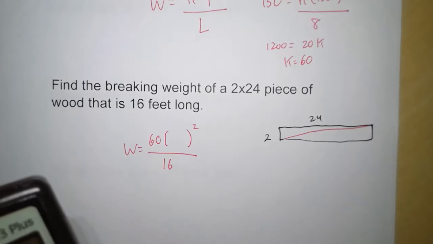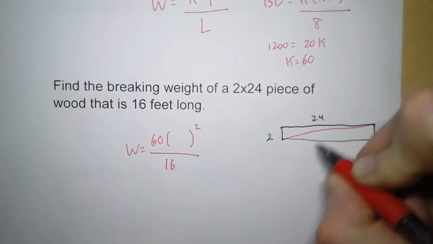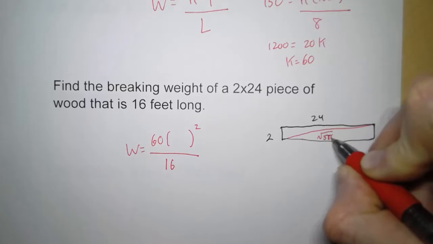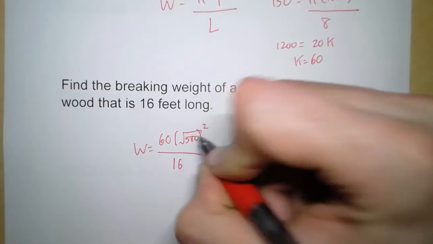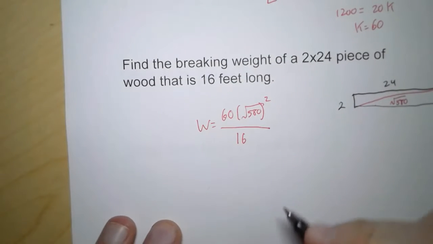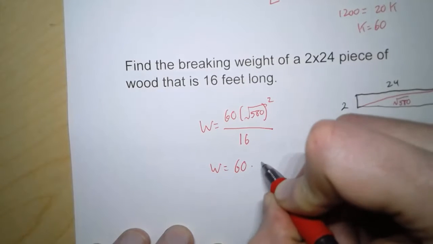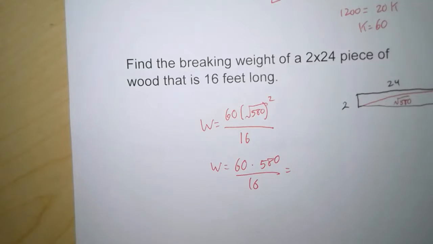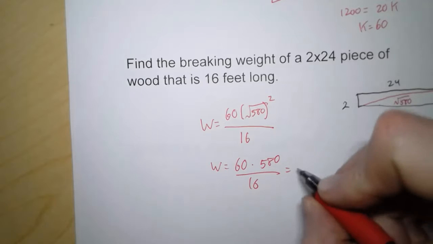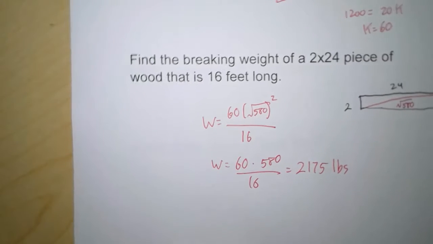So using Pythagorean theorem, we get the square root of 580 is our thickness of this diagonal. Now fortunately, when we square that, that will just become 580. So 60 times 580 over 16. And then that gives us 2,175 pounds. So that is our breaking weight.